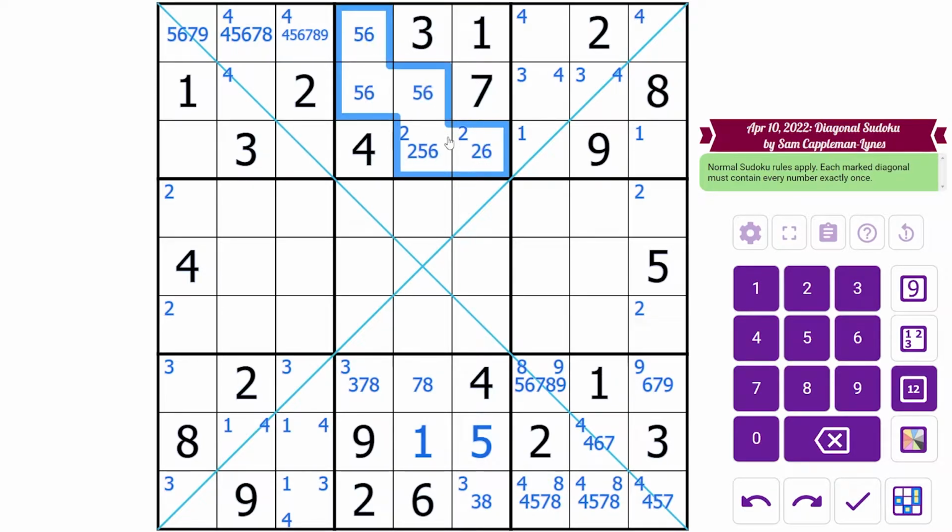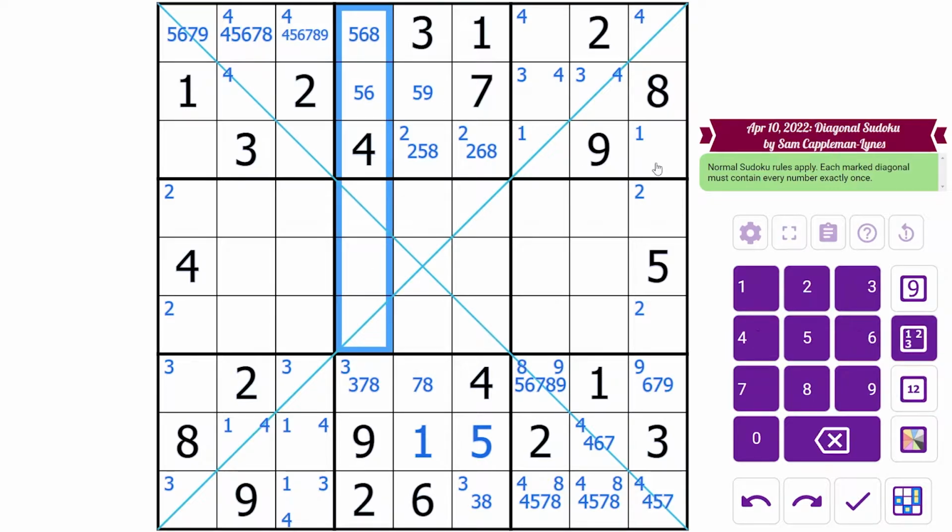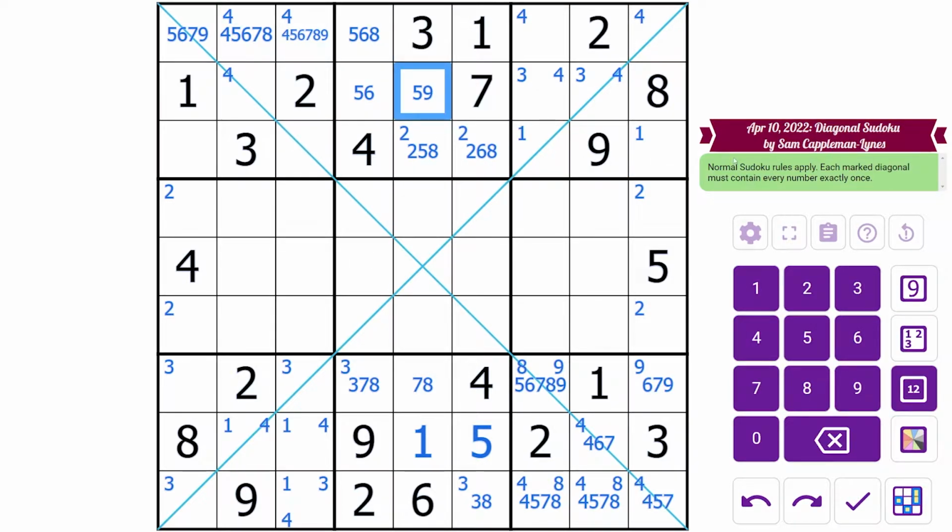We don't have our 6. And these cannot be 6. We have our 7. We don't have 8. These cannot be 8. And we don't have our 9. And these cannot be 9. So our 9 was actually visible all along there. So that is a 9.